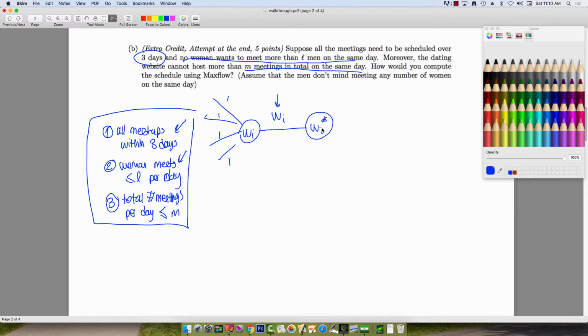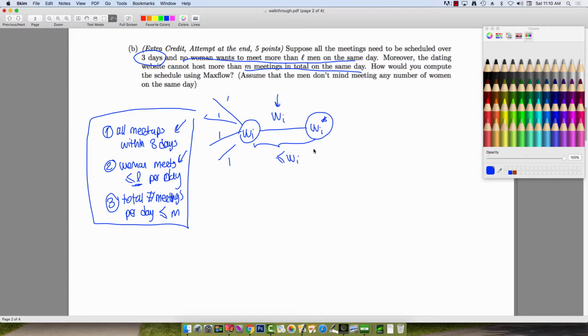Let's call it E star. The idea of this node is to make sure that once we talk about the L's, this will always have the cap as W_i, because 3L could be more than W_i, so we don't want to think about this case. So we will always have this edge to make sure that all of the original constraints still hold.